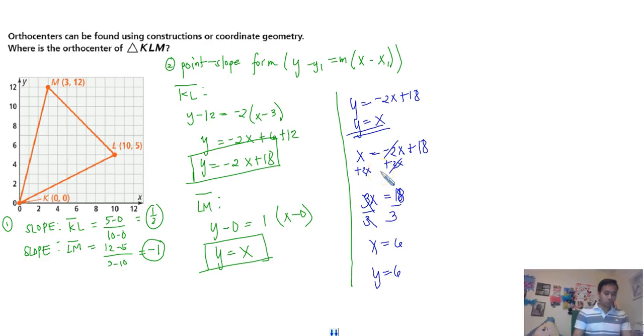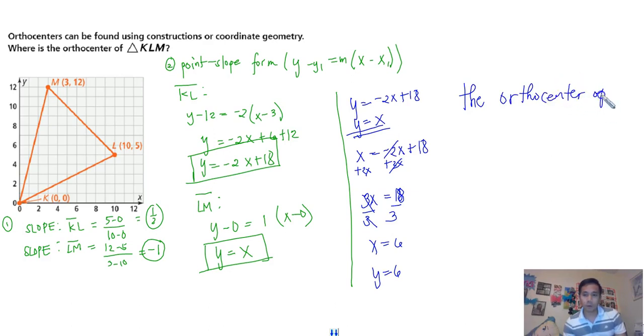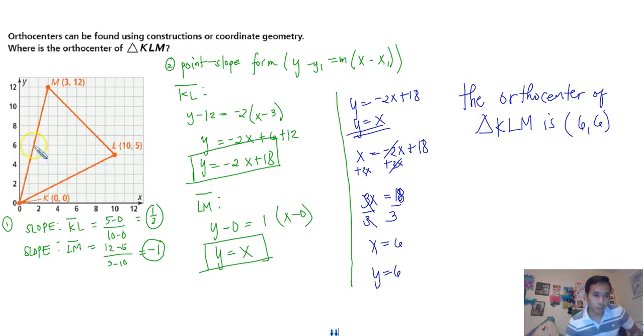Therefore, the orthocenter of triangle KLM is at (6, 6). If I plug that in, (6, 6) is here, which is the intersection of the three altitudes that we have there.